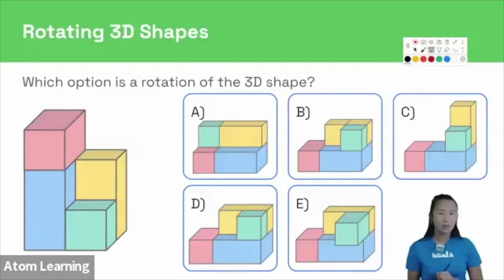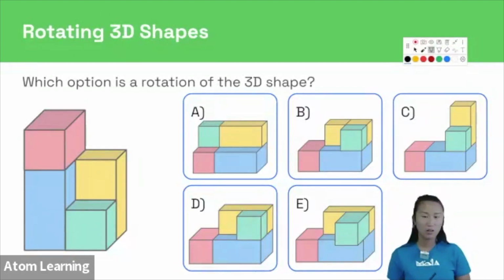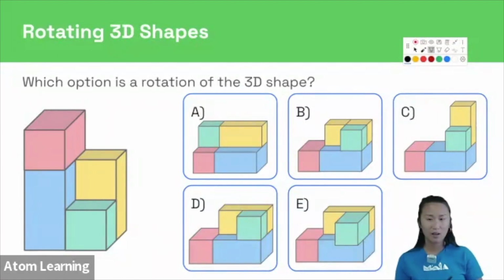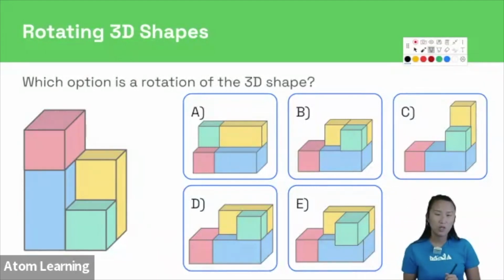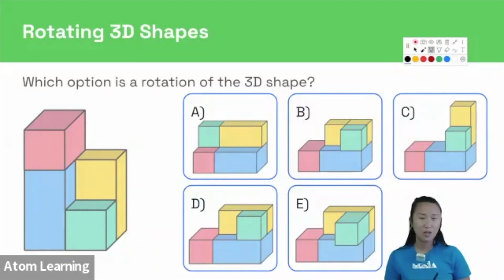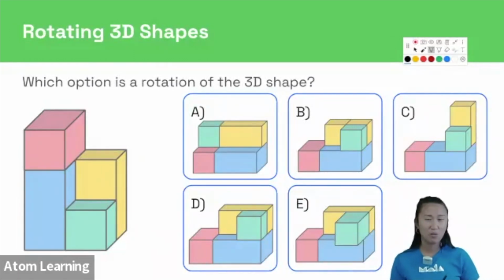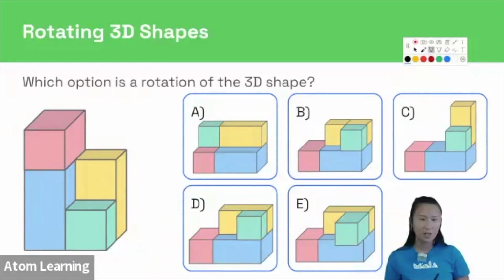I'll give you a moment to look through them. Let's start. Which ones can we immediately rule out? Well, we can see that in B, the yellow block has been split up. So there is the wrong number of blocks. That's an obvious one to rule out immediately.